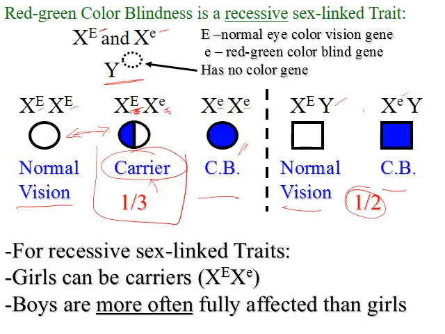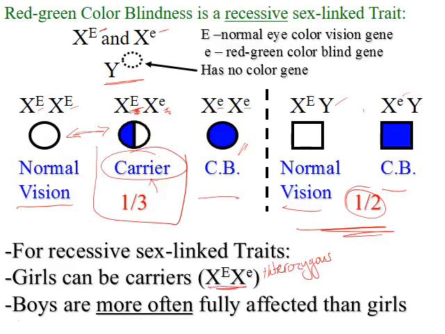So in recessive sex-linked traits, 2 traits show up, especially in the pedigree diagrams. The girls can be carriers, the heterozygous forms, whereas no boys can be carriers. It's impossible for a male to be a carrier for red-green color blindness.